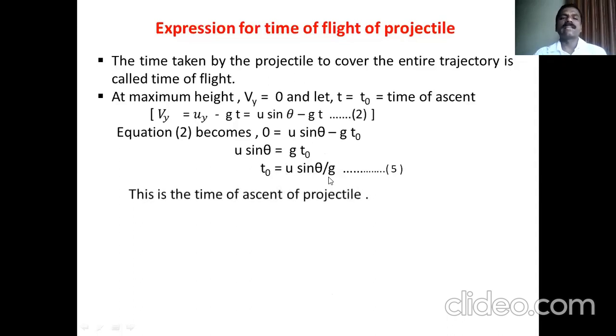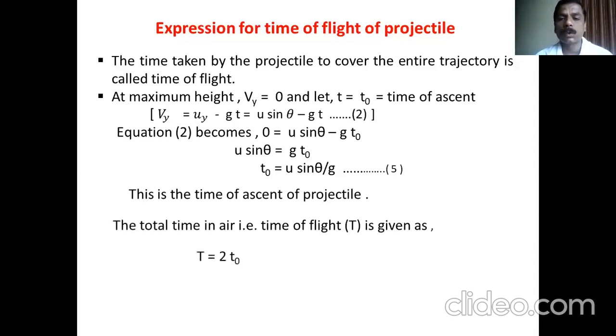So this is the expression for the time of ascent, and as we know the total time, which is called the time of flight, is 2 times the time of ascent. It is double the time of ascent. So using this relation, the final equation you have is capital T equal to 2u sin theta divided by g.